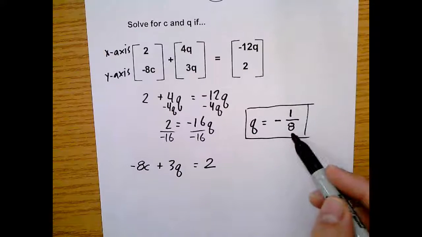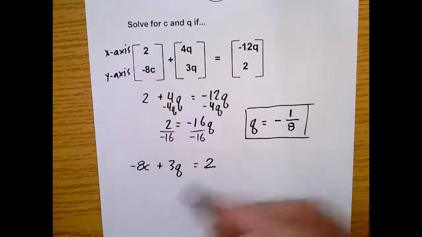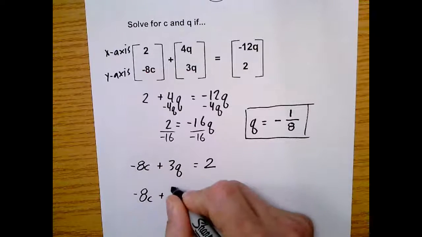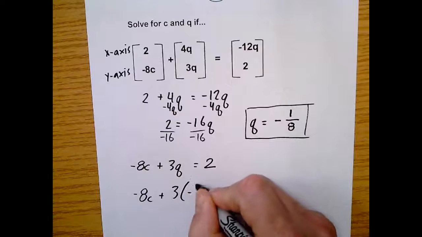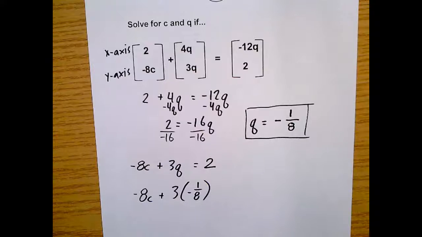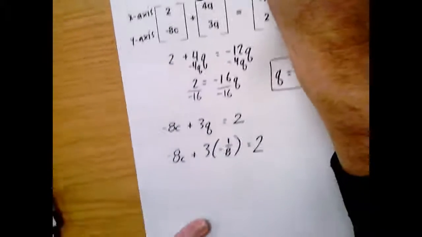We just substitute in for q, so instead of q, I put in negative 1/8. So I always like to rewrite this and just really show what it would look like. So instead of q, I have negative 1/8. That's just substitution. Take one out, stick one in, is 2. All right, let's keep on going.